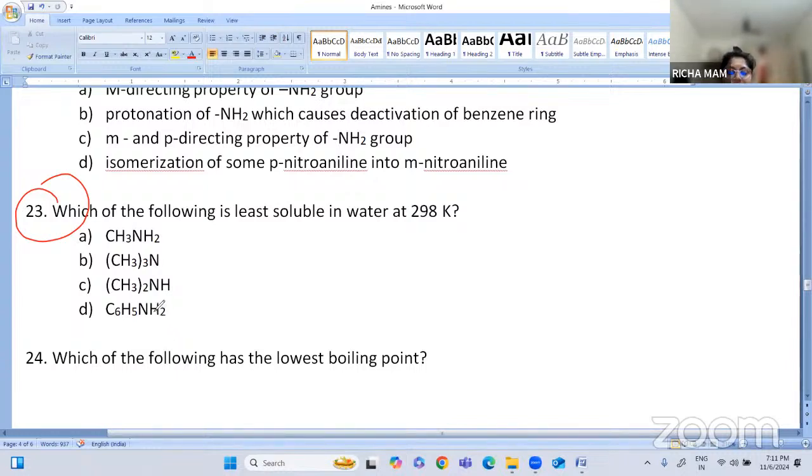Which is least soluble? Which of the following is least soluble?